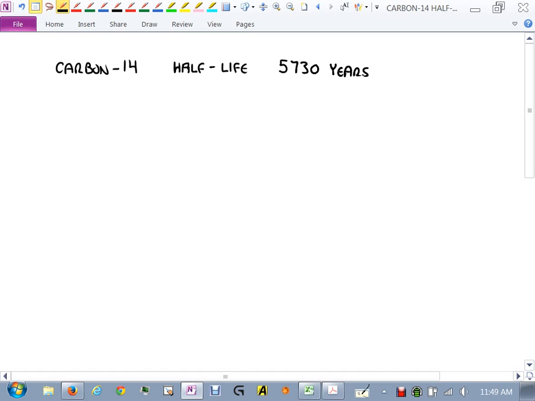All right? So let's say we have this. This is another example. You find a bone, and it's lost 87% of its carbon-14. How old is it?